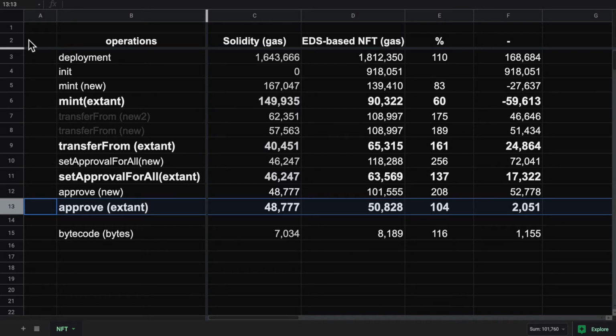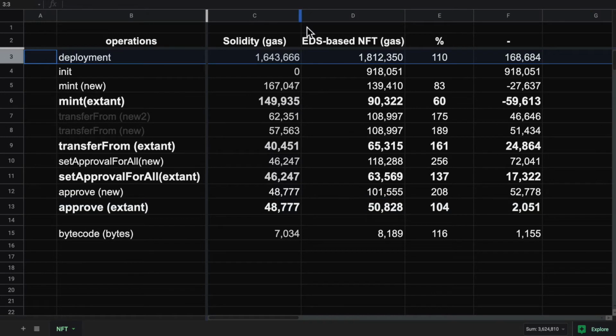So, deployment gas cost is over 1.8 million for the EDS-based NFT and over 1.6 million for the OpenZeppelin Solidity implementation. The EDS-based contract also has an init function which costs around 900,000 gas units.